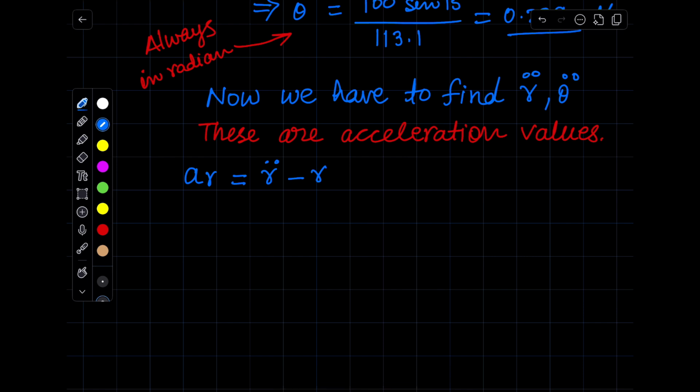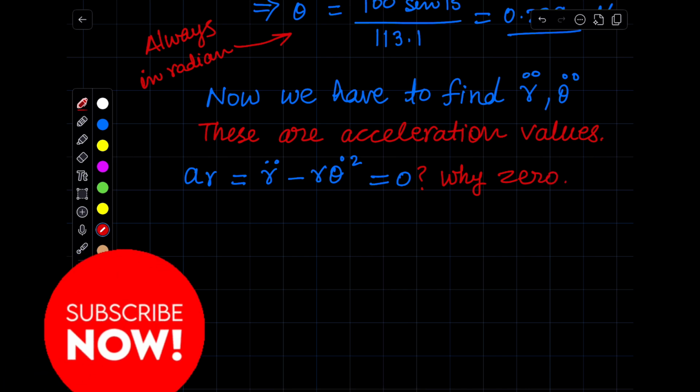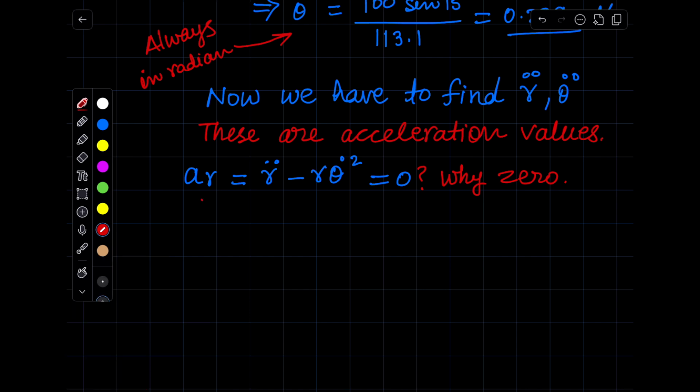Now let's move and write the full formula for A r, the acceleration in the radial direction. This formula is visible on the screen, r double dot minus r theta dot square is 0. Now why is it 0? Can you think about it? The answer is in the problem itself.